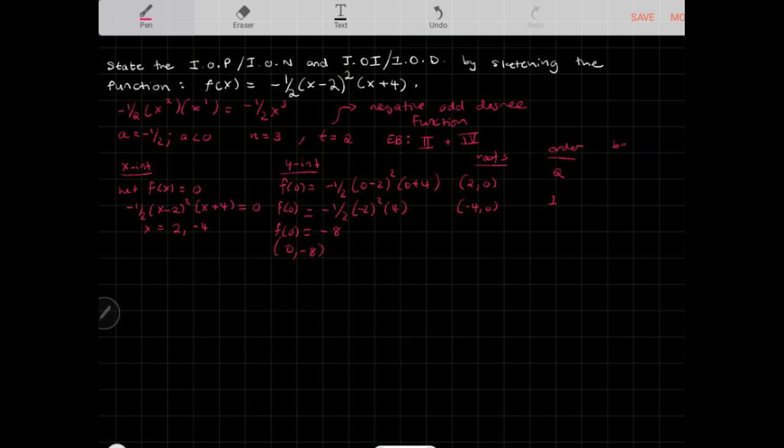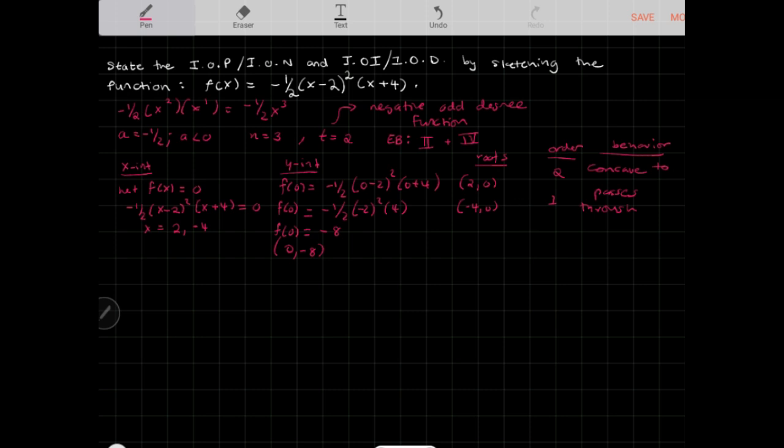So the graph passes through (-4, 0), but it's going to be concave, or touch and turn, at (2, 0). Does that make sense? So keep that in mind.